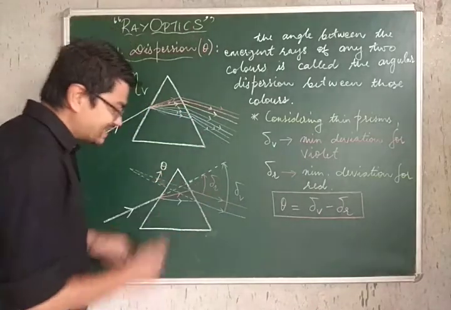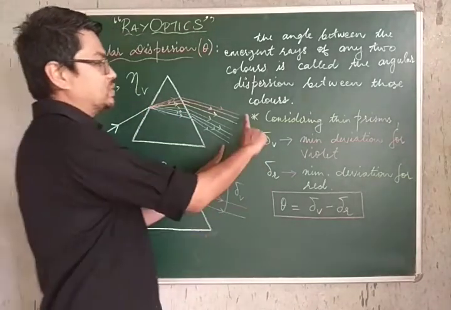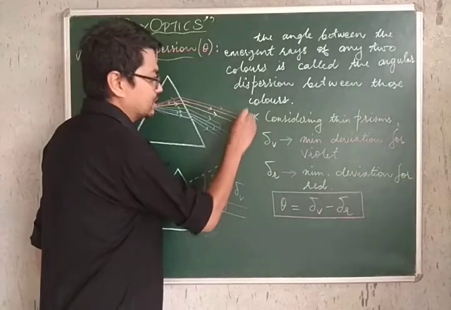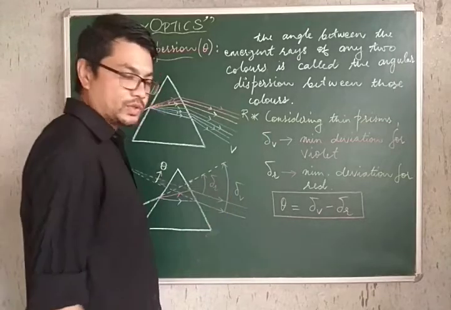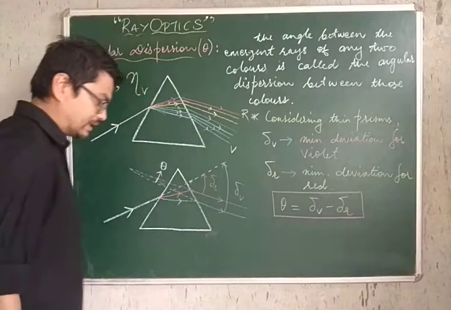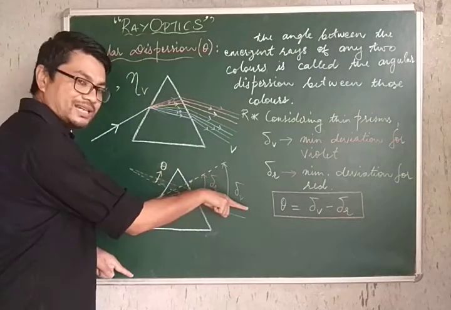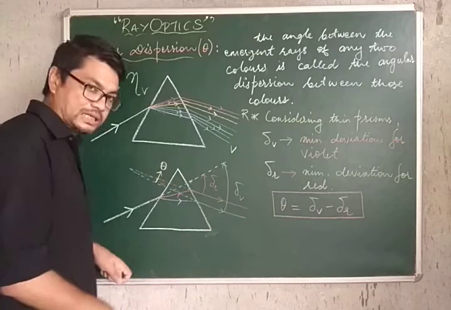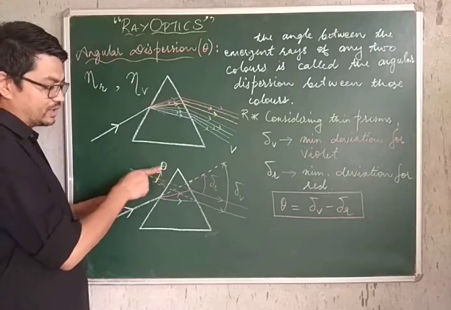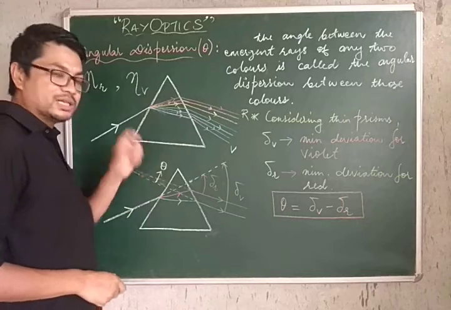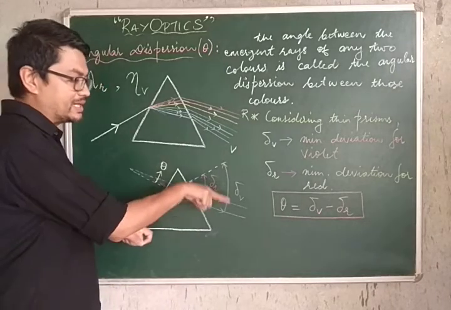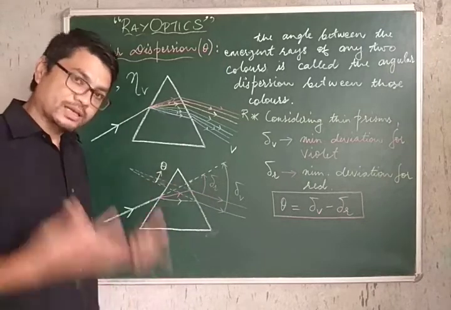So what we basically take over here is, we take the 2 extremes. This is V, this is R. Okay, red light and this is violet light. So the angle between the emergent red light and the emergent violet light, depicted by this angle over here, theta, is the angular dispersion between the red and the violet colors of light.